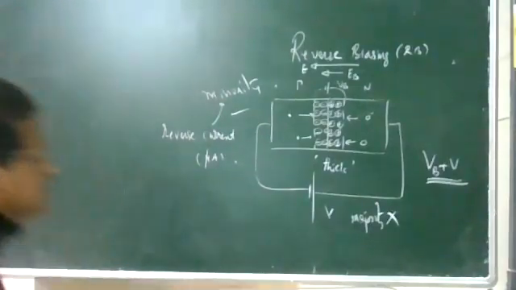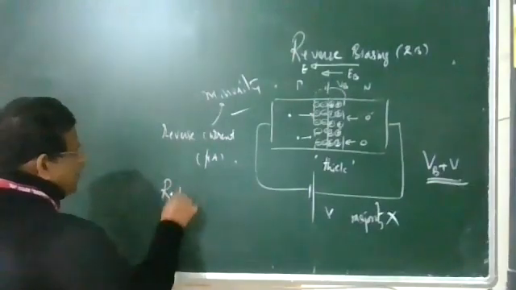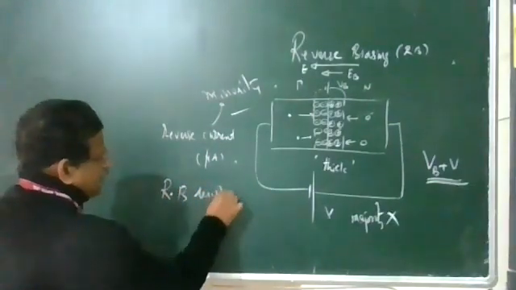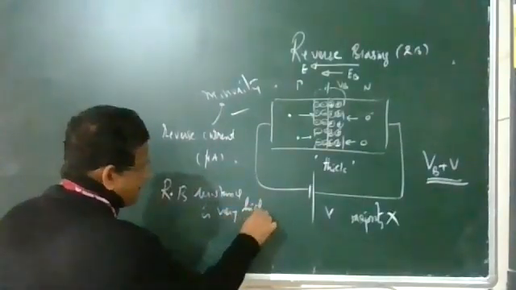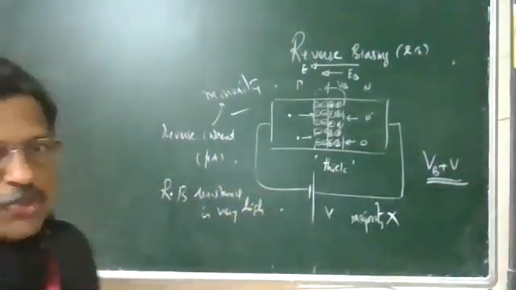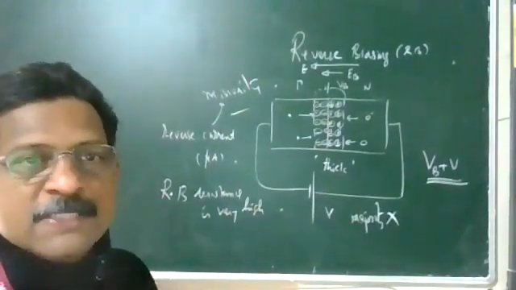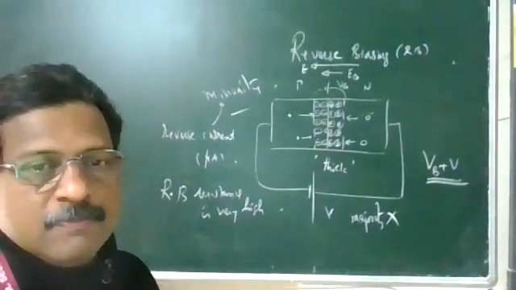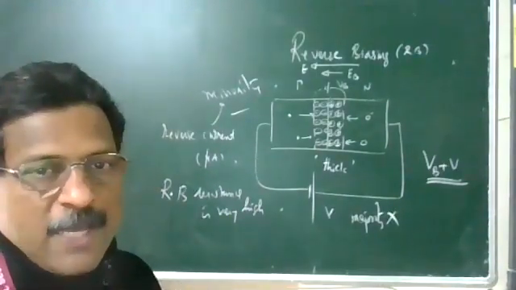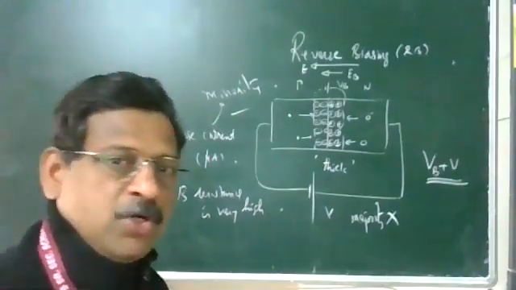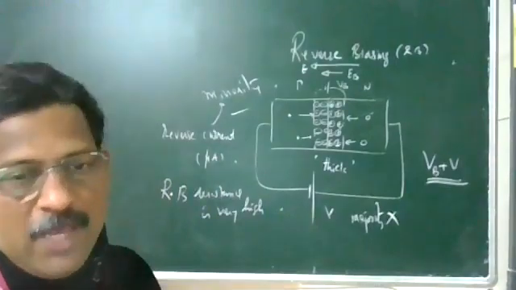So the reverse bias resistance is very high. Usually it will be in kilo ohms and the forward resistance in ohms. Suppose you are getting 100 ohm forward bias resistance, then the reverse will be in kilo ohm, 10 to the power of 4 ohms, 10 to the power of 5 ohms, a high value.